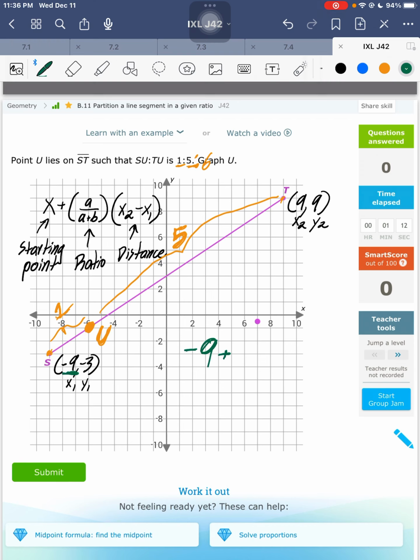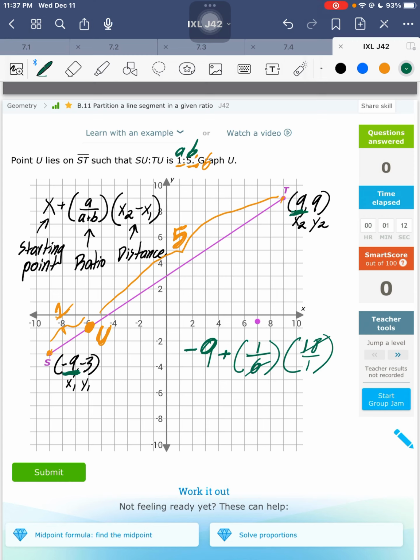So what am I starting at? My starting x coordinate is -9. So -9 plus, what is my ratio? Oh, by the way, this is your a, and this is my b. So my a is 1. What's my a plus b? 6. And what's my distance? 9 minus -9?